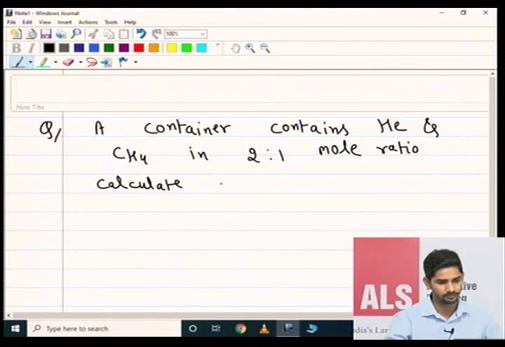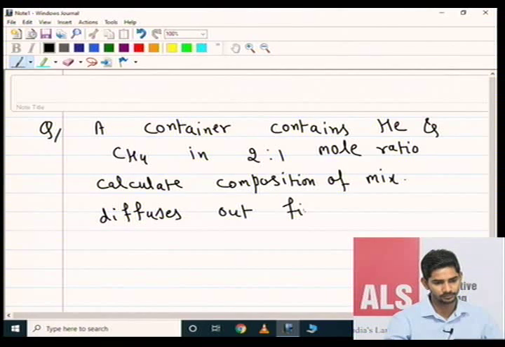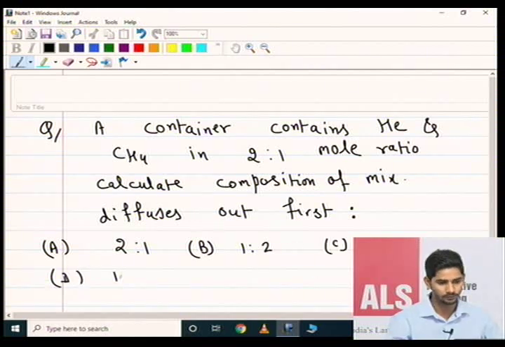Calculate the composition of the mixture that diffuses out first. Options are A 2:1, B 1:2, C 4:1, and D 1:4.